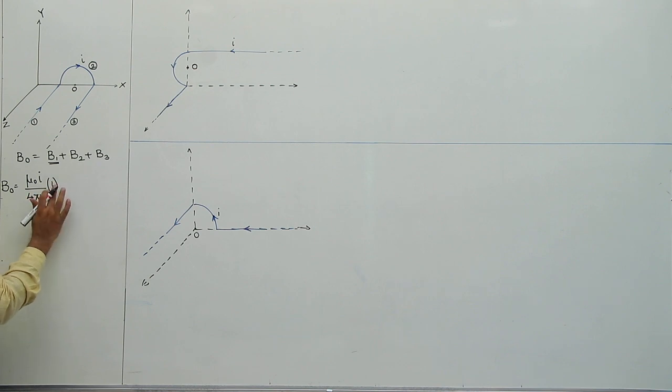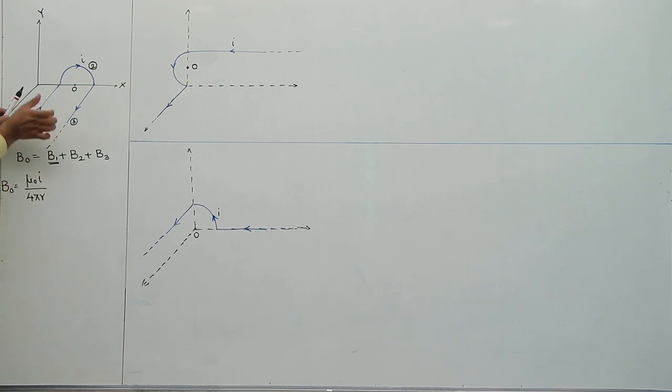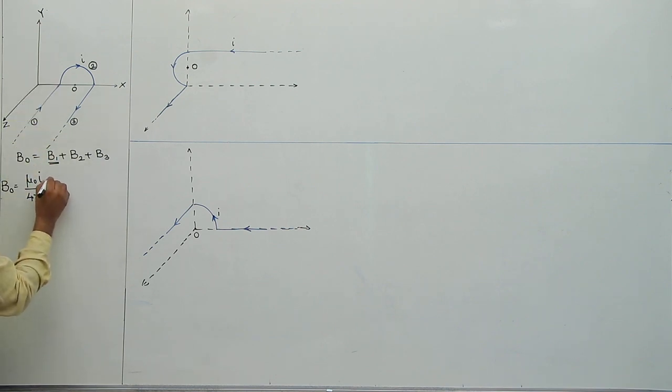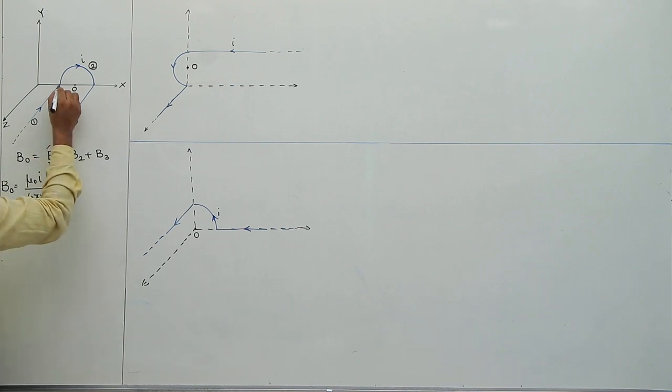Directly I can take it as 1, so no need to write 1 also. But what is its direction? As the current is flowing like this in this direction, the field at this point will be downwards. So it is along the y-axis. That field due to B1 will be downwards along the negative y-axis. So I can write this as minus j cap. This is B1.